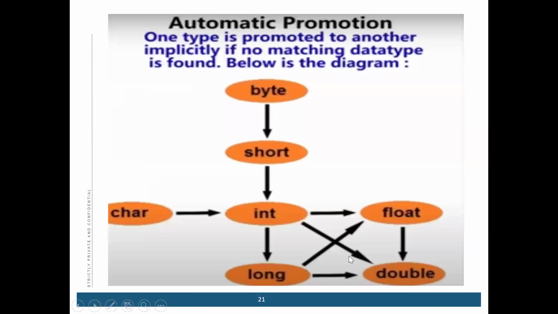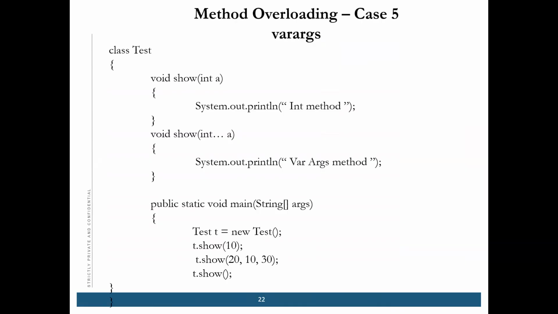Next, again, there is one more example of method overloading by var argument. Okay, so what is var argument? If we want to pass many integers, suppose we want to pass 3, 4, 5 integers, we can use the var argument.